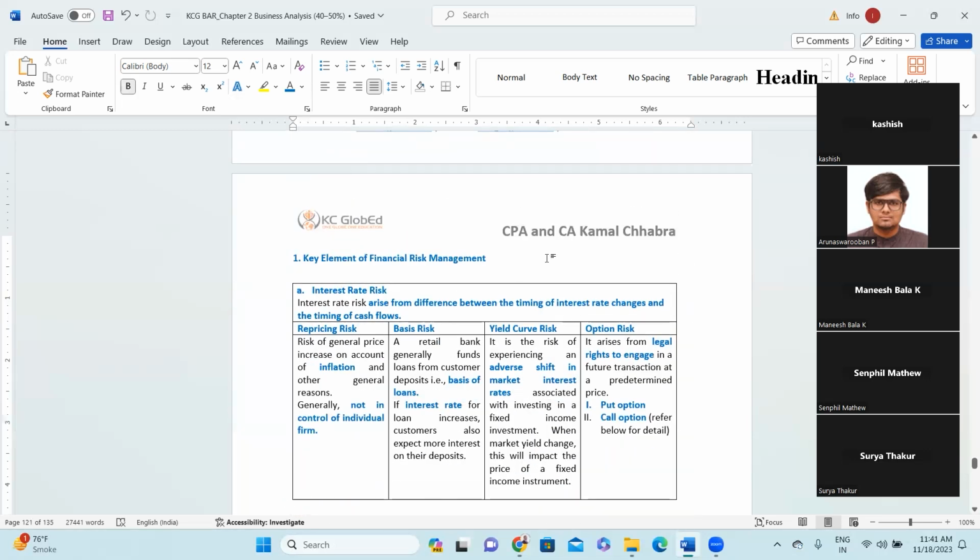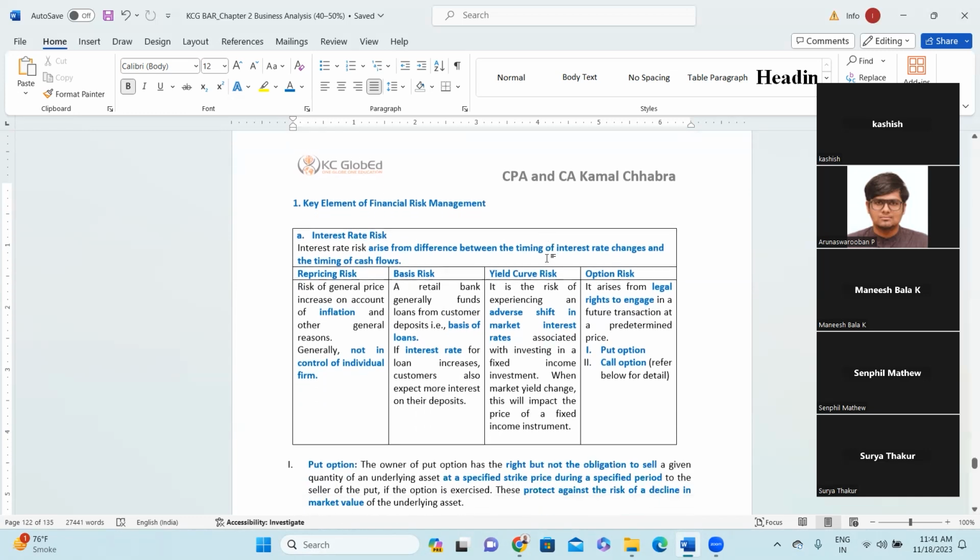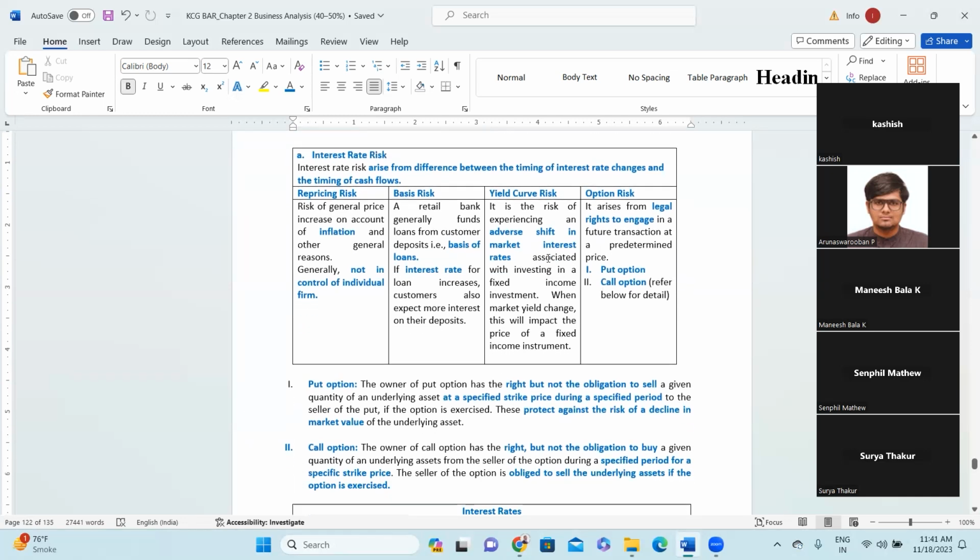So first is interest rate risk. Interest rate risk arises from the difference between the timing of interest rate changes and the timing of cash flows. Cash flow means when you are actually receiving the money or when you are actually paying the money. So interest is generally in between this period, when you receive the money and when you pay the money, right?